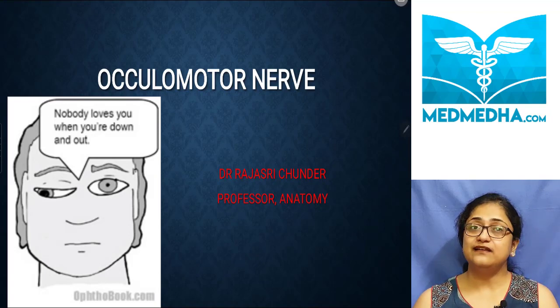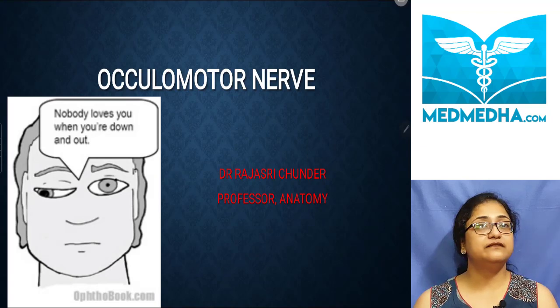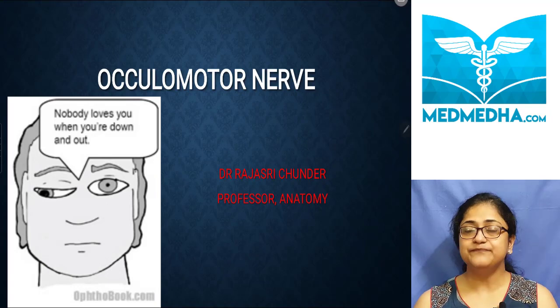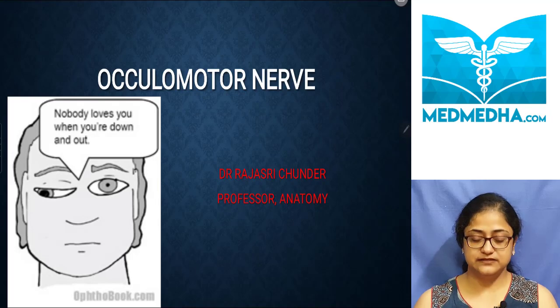One is the branchial efferent or special visceral efferent, which supplies the muscles derived from the branchial arches. Another is the general visceral efferent, which is the preganglionic parasympathetic fibers, which in the majority of places supply glands, but in the case of the oculomotor nerve it supplies two muscles.